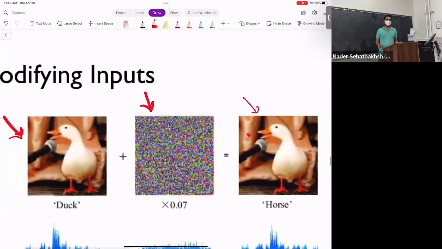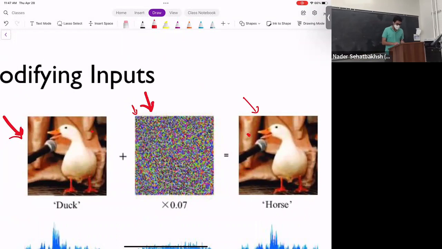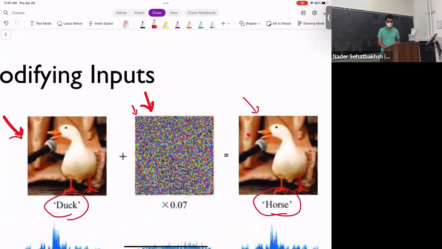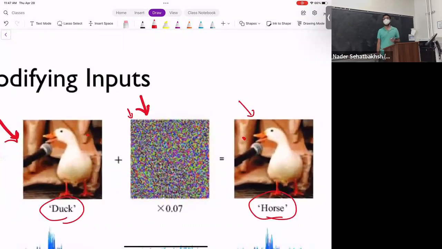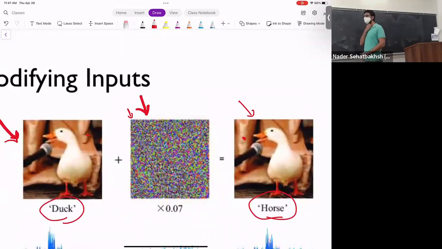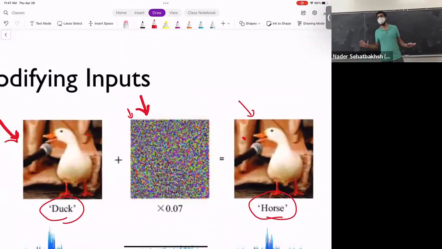Well, what people have shown is that by even adding this tiny and seemingly random looking input, if we look at the labels, this should have been dog, but actually this will be labeled as horse.